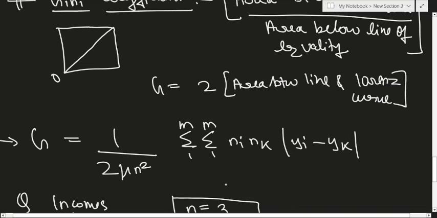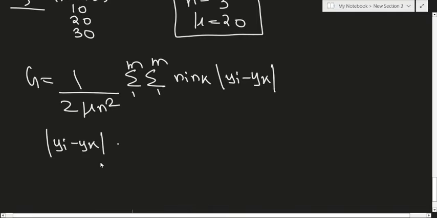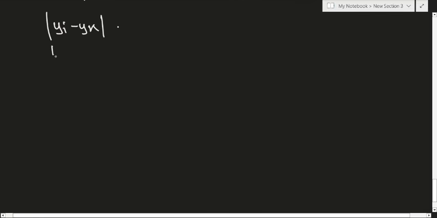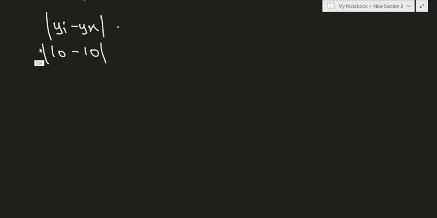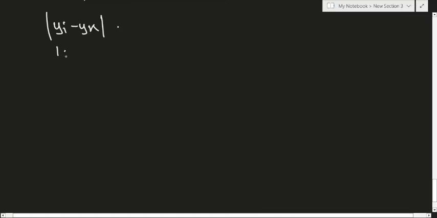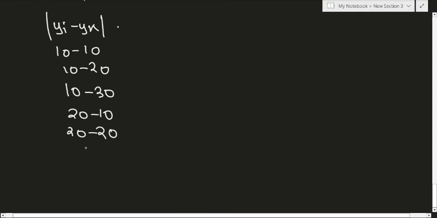We have 10, 20 and 30. For 10 we have 10 minus 10, 10 minus 20, 10 minus 30. For 20 we have 20 minus 10, 20 minus 20, 20 minus 30. For 30 similarly we have 30 minus 10, 30 minus 20, 30 minus 30.